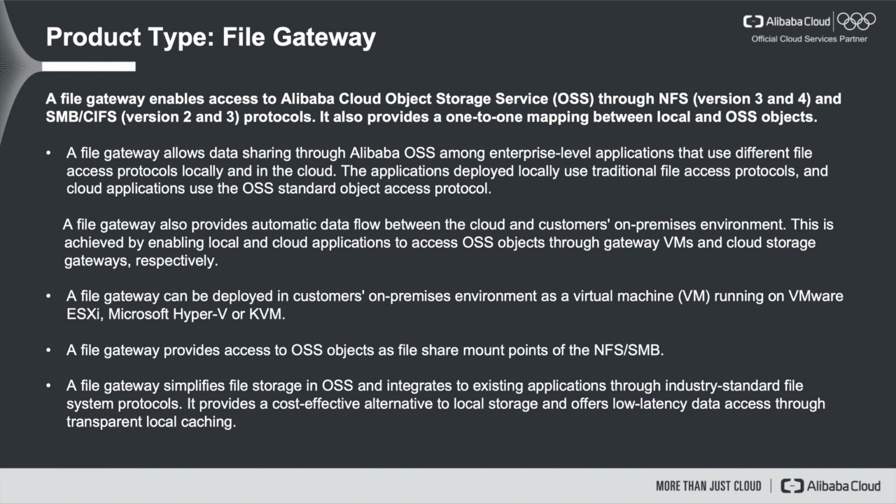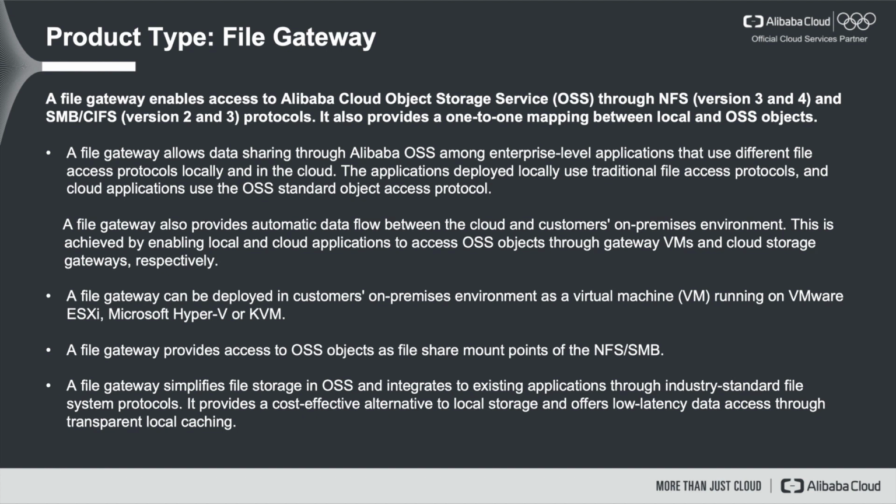A file gateway allows data sharing through Alibaba Object Storage Service among enterprise-level applications that use different file access protocols locally and in the cloud. A file gateway also provides automatic data flow between the cloud and on-premises environment. Cloud Storage Gateway can be deployed on VMware ESXi, Microsoft Hyper-V, or KVM.